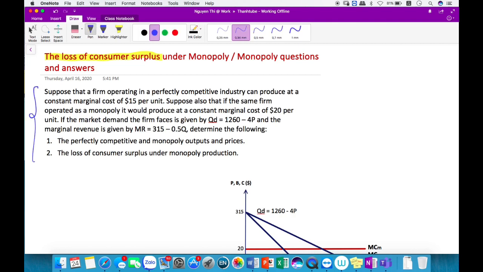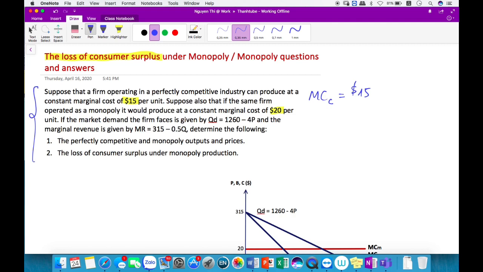Suppose that a firm operating in a perfectly competitive industry can produce at a constant marginal cost of $15 per unit. We call this MCC equal to $15 per unit, right? Suppose also that if the same firm operated as a monopoly, it could produce at a constant cost of $20 per unit.